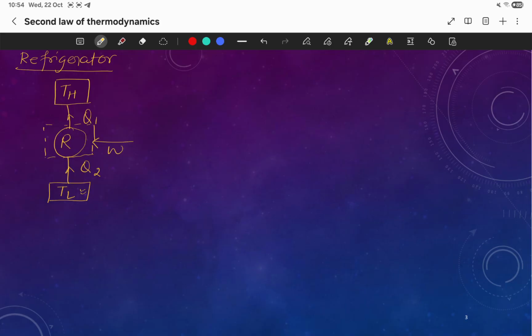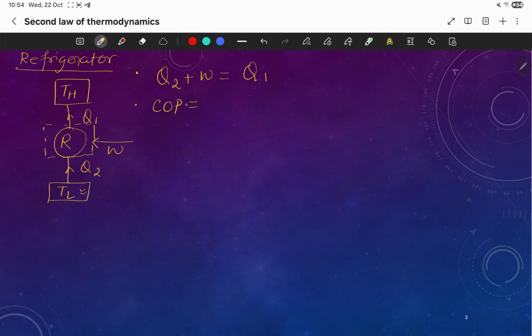Okay, and now some important points with respect to the refrigerator. First we write energy conservation for this system. You can see the energy input in this system is Q2 plus W, which equals the energy out, Q1. This is one relation. And if I write COP, coefficient of performance, this is the desired effect upon work input.